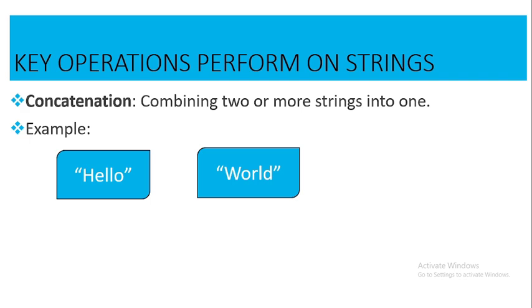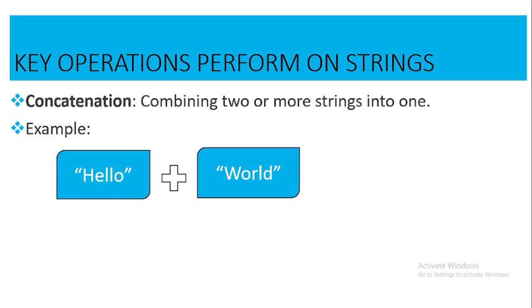So we want to combine these two strings. In programming, the operator that is used to perform concatenation, that is to join two or more strings together, is the plus operator that we use in mathematics to perform addition. So we will say that the addition that we perform on strings is known as concatenation.